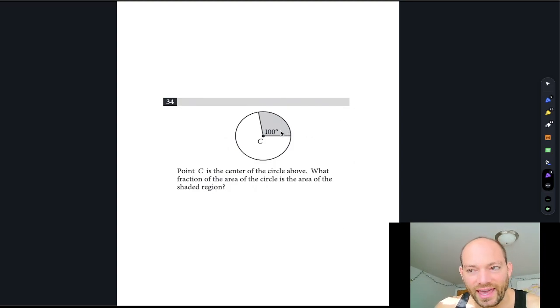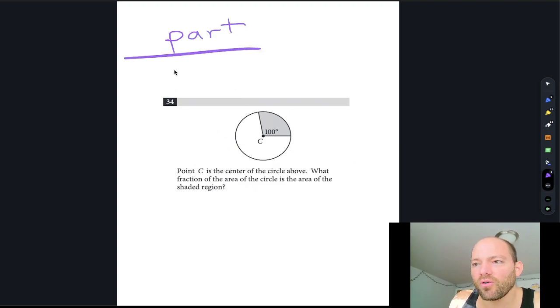We've got the sector, we've got the central angle labeled 100 degrees. You remember what we do with a sector of a circle question? Remember, it all comes down to the part over the whole fraction.